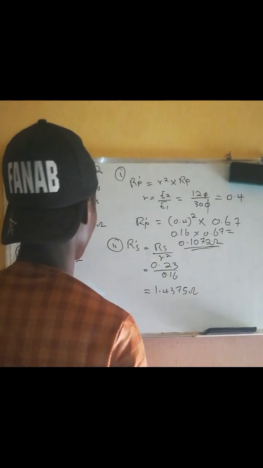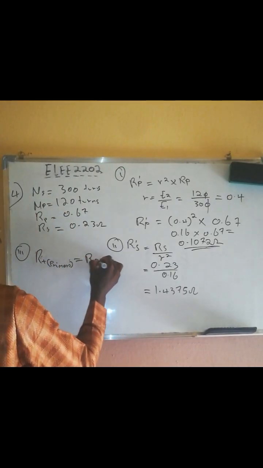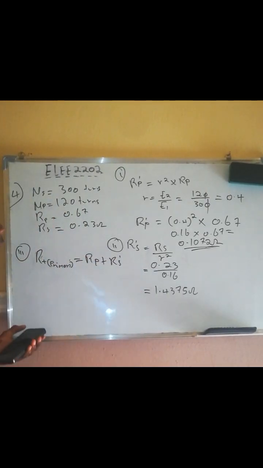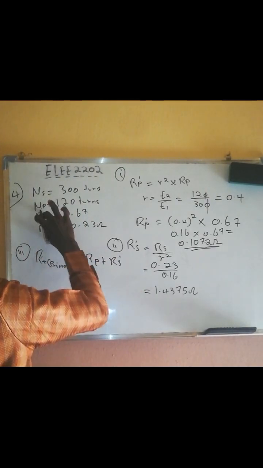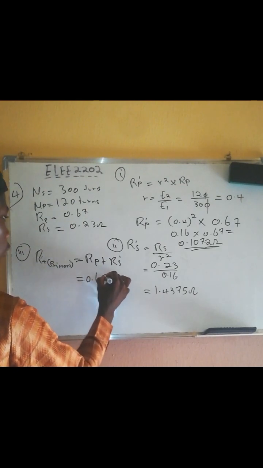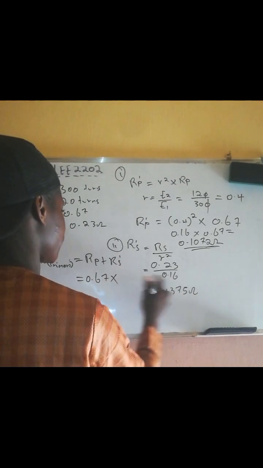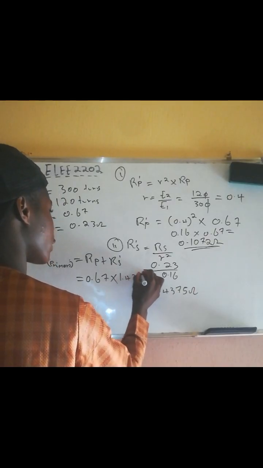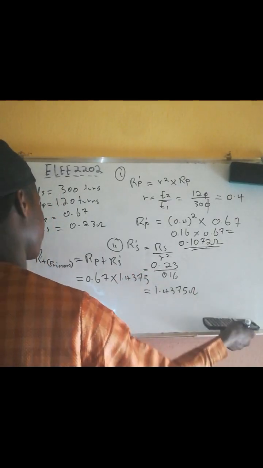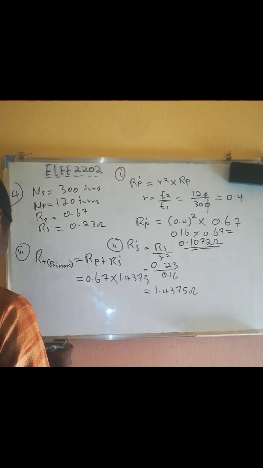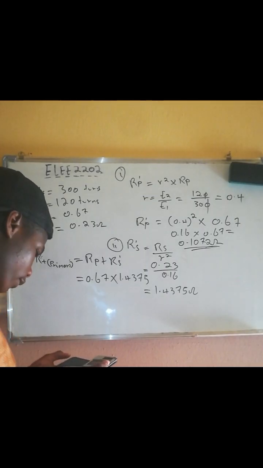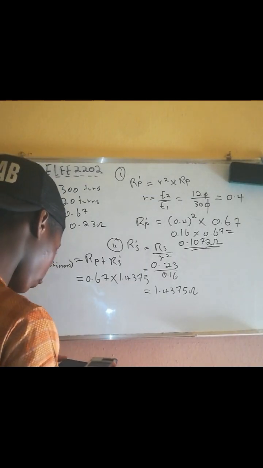So what relation can we use? We can use the relation Rp plus Rs prime. We are having Rp, which is 0.67, plus Rs prime, the total Rs prime we are having is 1.4375.